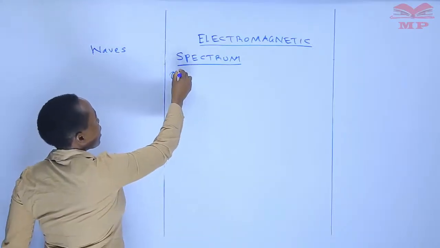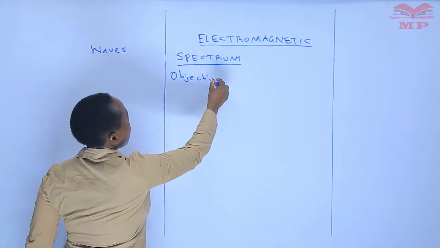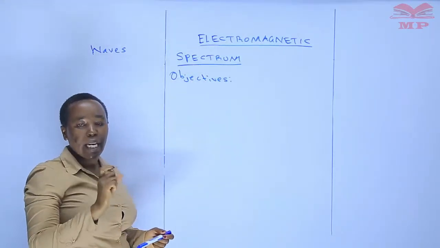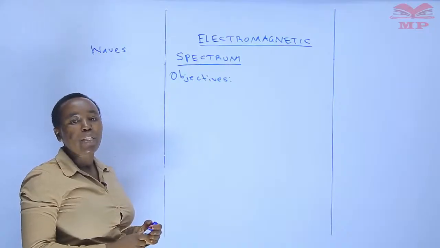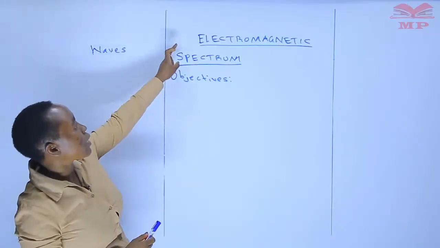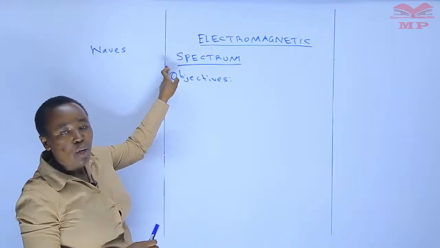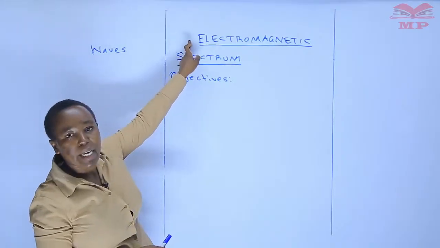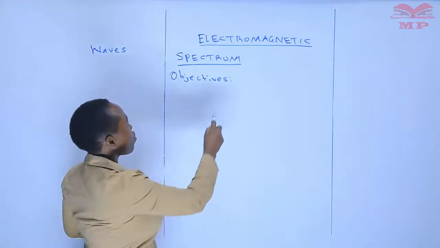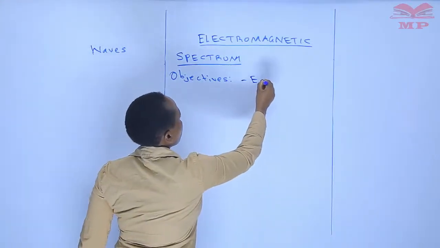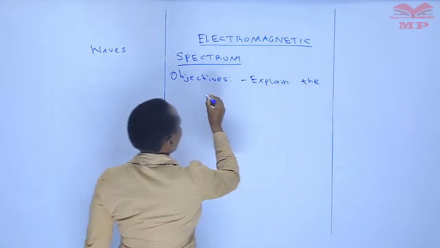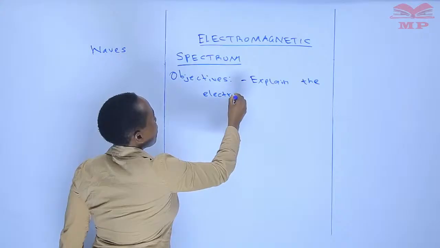So we have the objectives for this lesson. By the end of this lesson, you should be in a position to describe fully a complete electromagnetic spectrum. You should be in a position to explain what an electromagnetic spectrum is.